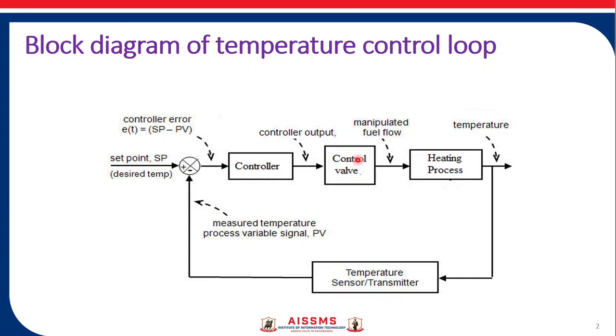So by either opening or closing this control valve, we can manipulate our fuel flow, and by increasing or decreasing the fuel flow rate, we can maintain our temperature at the predetermined value, or our set point value, or the desired value. So likewise we can control our temperature continuously at a constant value with these particular blocks.